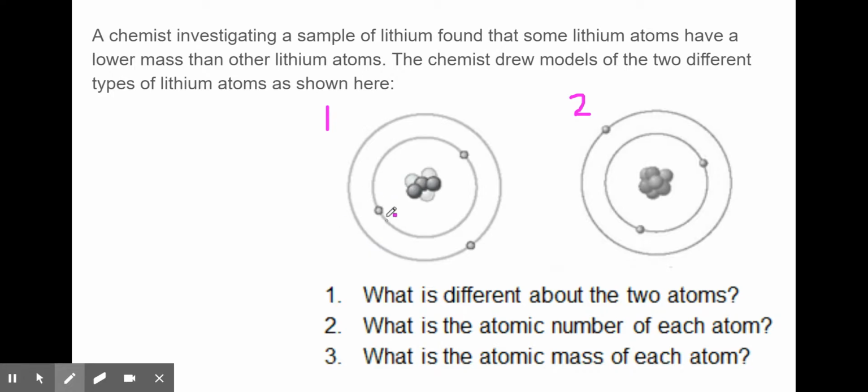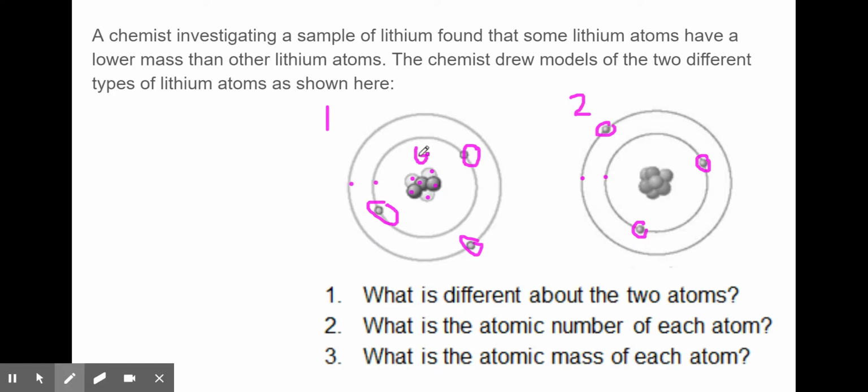Let's talk about, what do they have the same? Well, they have the same number of little places where we can find electrons. They both have 3 electrons that you can see here. Remember, those electrons orbit on the outside of the nucleus. Okay. Let's look in the nucleus. 1, 2, 3, 4, 5, 6.